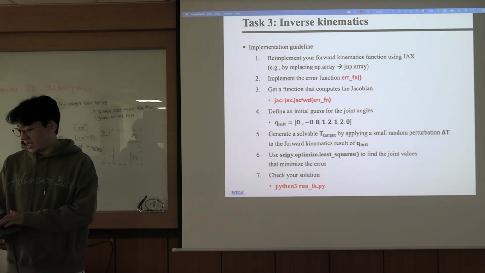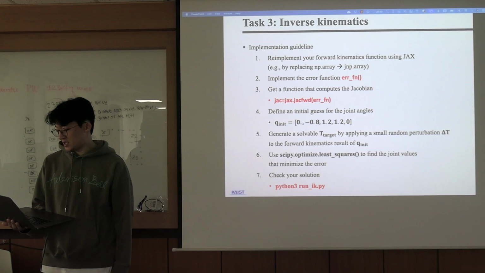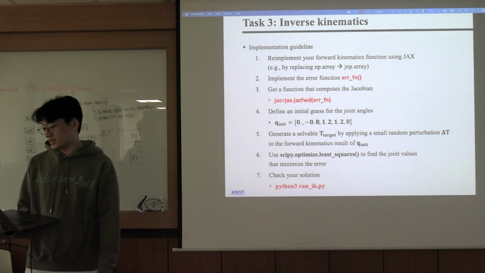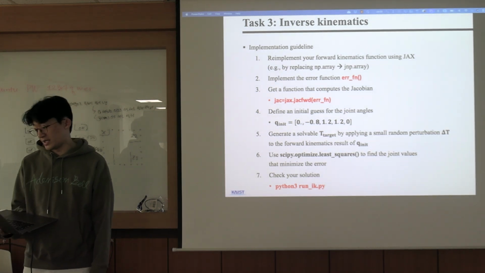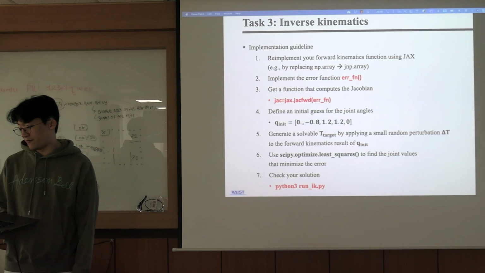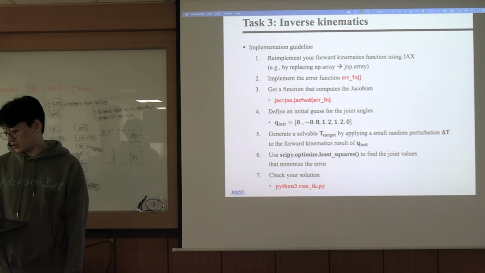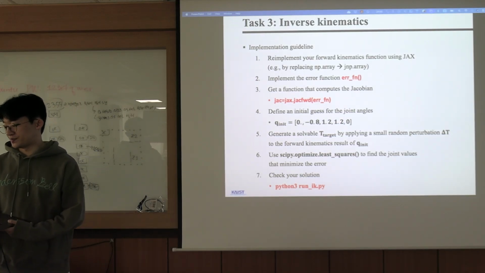For task 3, here's the guideline for implementing inverse kinematics. First, re-implement your forward kinematics function using JAX, simply replacing NumPy arrays with JAX arrays. Second, implement the error function called error_fn. Third, get the Jacobian function by using JAX automatic differentiation.